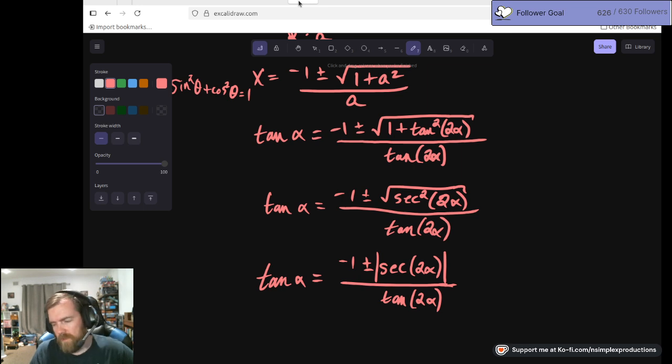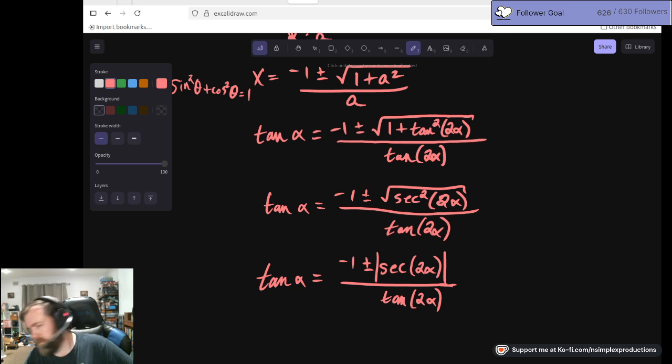That would also make it a sine of 2 alpha on the bottom. So that's interesting.